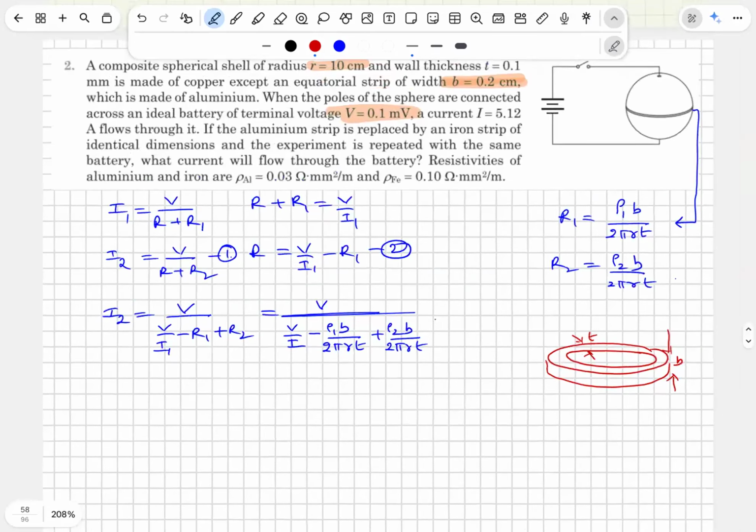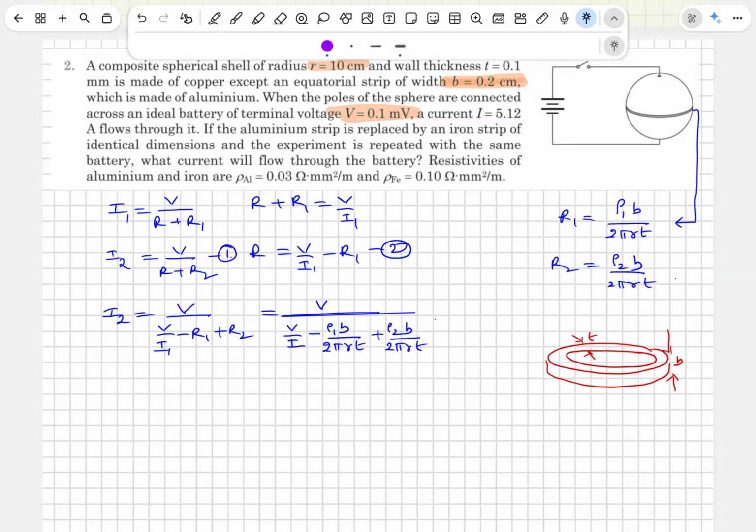Now, when the poles of the sphere are connected across an ideal battery of terminal voltage V equal to 0.1 millivolt, a current of 5.12 amp flows through it. I know V by I. I will use where it is required.